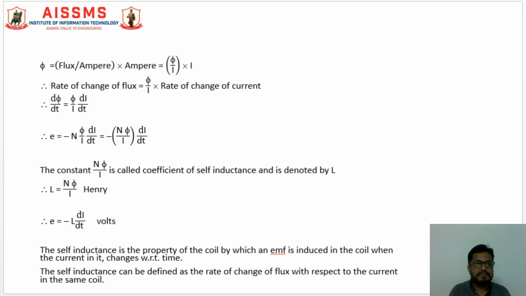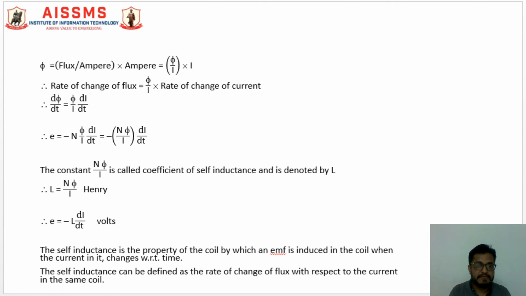Let flux phi equal to flux by current into current. Therefore, the rate of change of flux equals phi by I into rate of change of current. Why is this so?